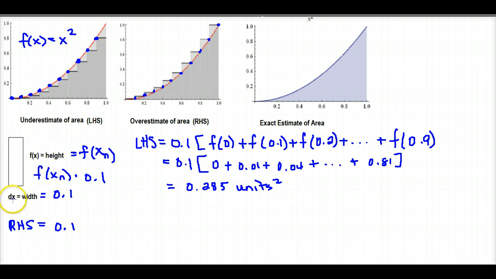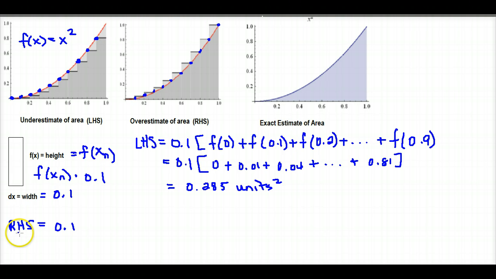This height times this width gives us the area of this rectangle. And if we do the distributive property for each of these, you'll see that what we're actually doing is finding the areas of each of these rectangles. That's what's going on in case you were not catching on.